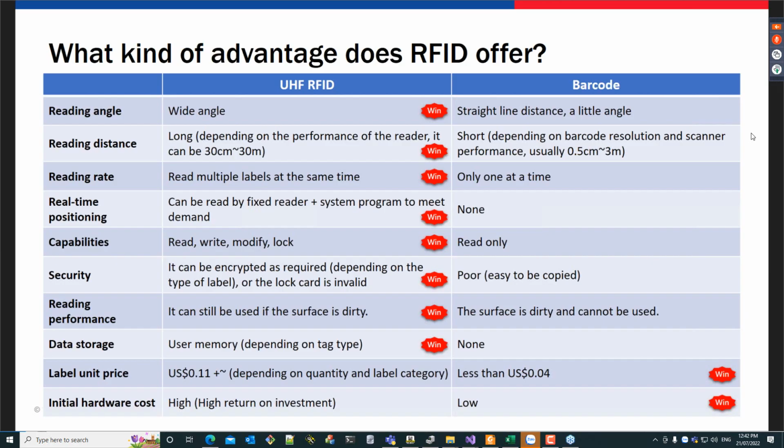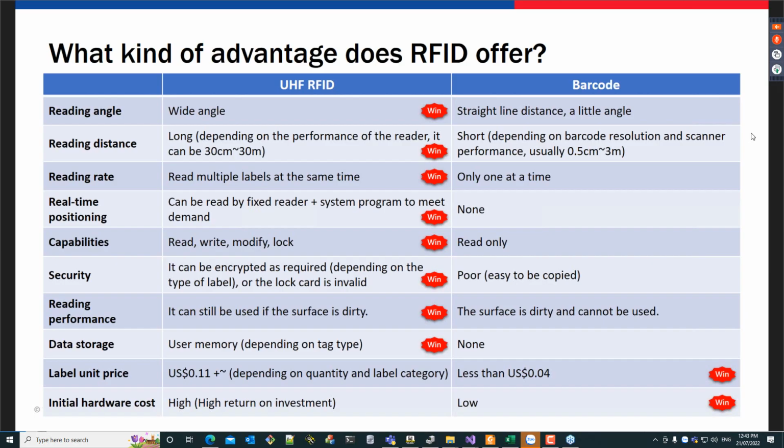And with the RFID tag we can have real-time positioning, which means that once you paste the RFID tags on your goods, we can use the reader to find where the goods are in our warehouse or facilities. Because if we just paste barcodes, we are unable to find them until we physically find the goods.